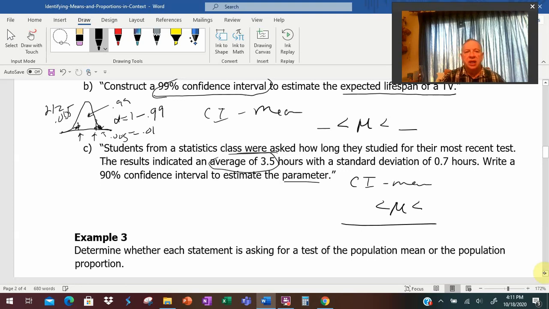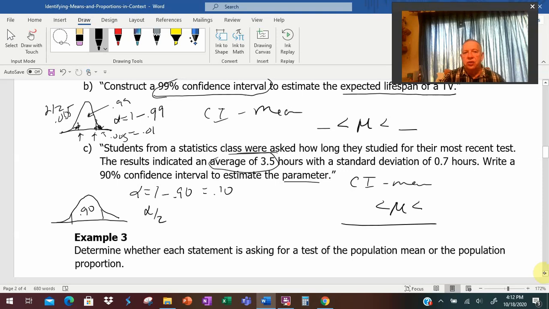Okay, 90% confidence. So if I go to get my critical values, but I'm actually doing margin of error, I'm going to consider 0.90 on the inside. My alpha is 1 minus 0.90, which is 0.10.